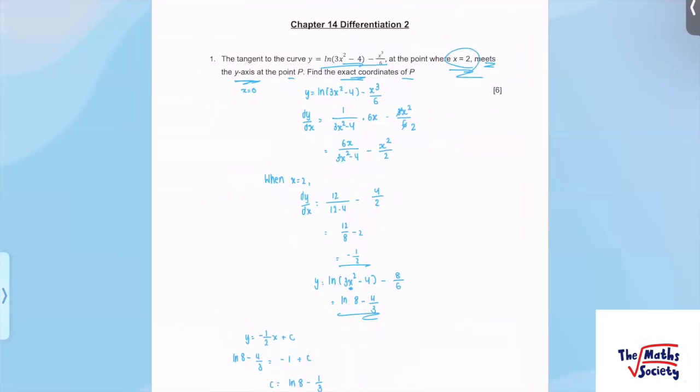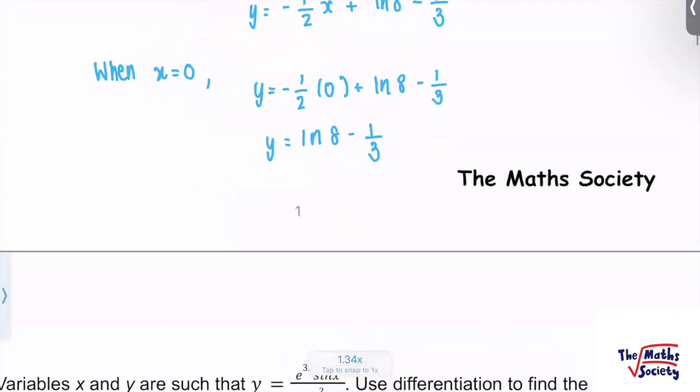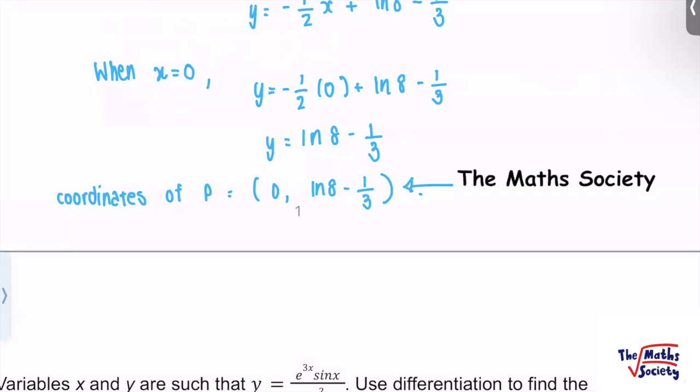And it says P. So the coordinates of P is just going to equal 0, comma, ln 8. There's no minus in front. Just ln 8 minus 1 by 3. And that is your coordinates.